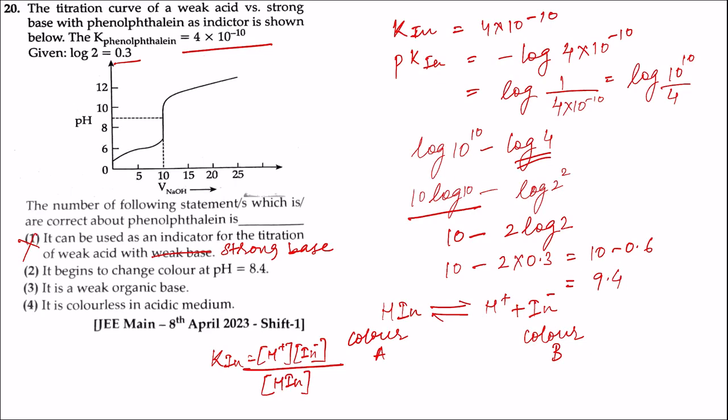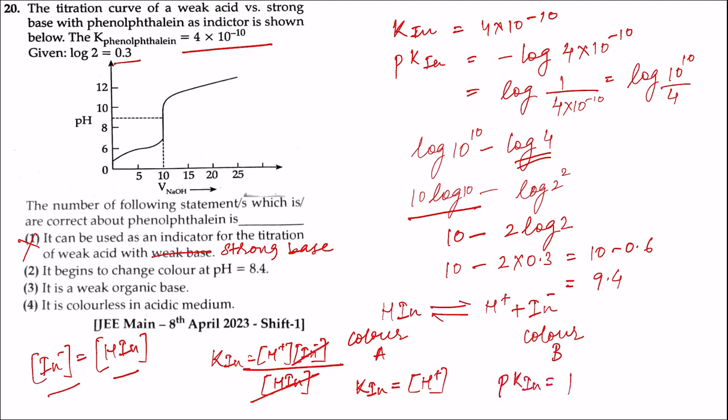ये इक्विलिब्रियम कांस्टेंट है. नाउ एट द मिड पॉइंट ऑफ द कलर रेंज ऑफ इंडिकेटर, जो भी इंडिकेटर का कलर रेंज है, एट द मिड पॉइंट ऑफ इट, concentration of the indicator ion is equal to concentration of the undissociated indicator. So in this equilibrium, concentration of indicator and the concentration of the remaining indicator, that is undissociated indicator, will cancel, and K indicator will be equal to the concentration of H plus ions. तो K indicator H plus ion concentration के बराबर हो गई. तो pK indicator will be equal to pH.